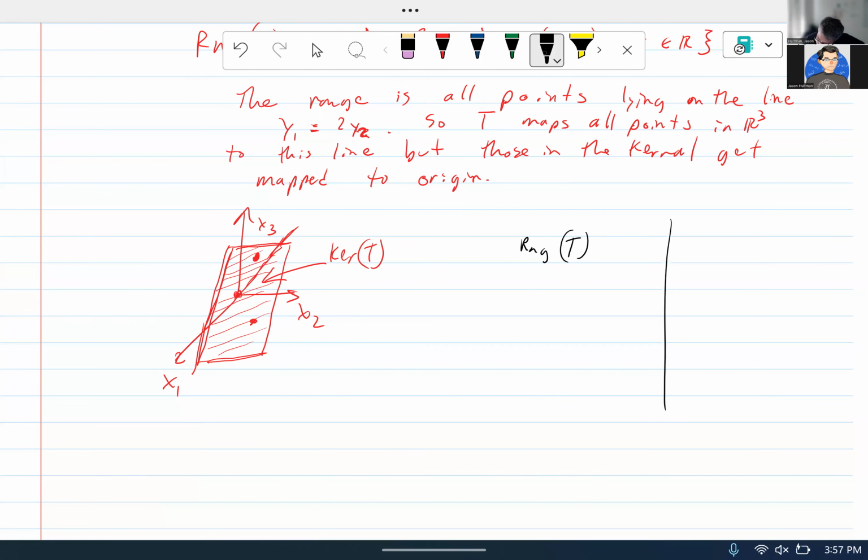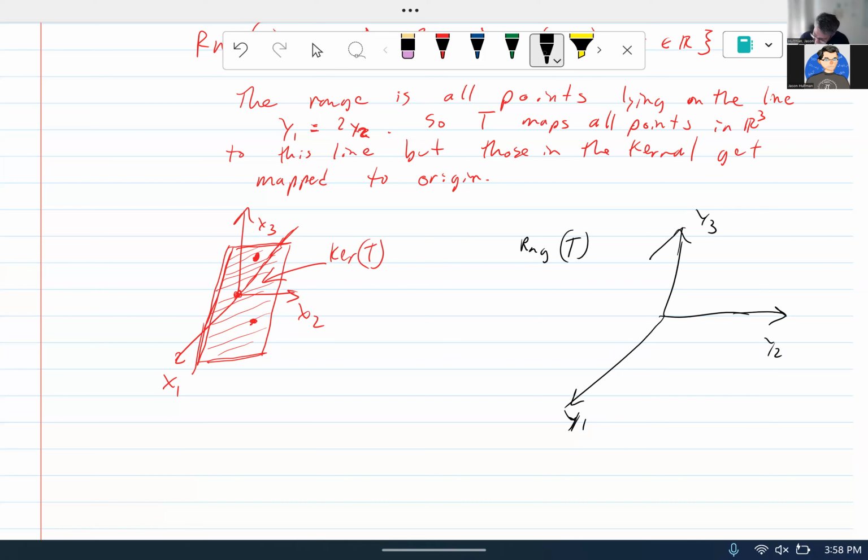Okay, so if I have, say, y1, y2, y3. And so this is going to be a line in 2 space. There is no y3 in my line. Y3 is 0.